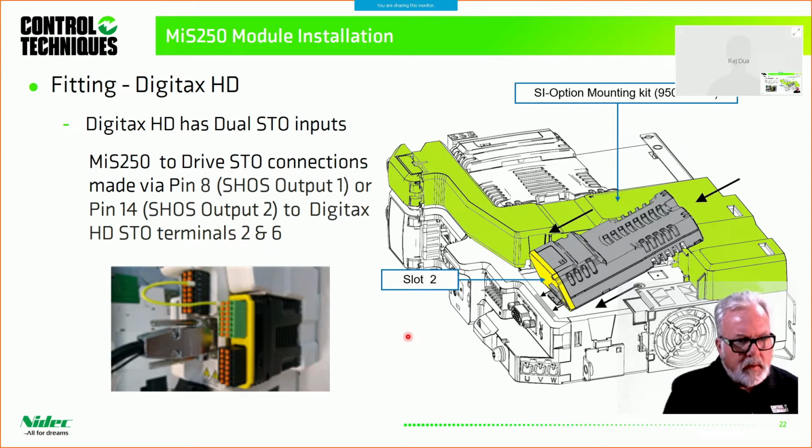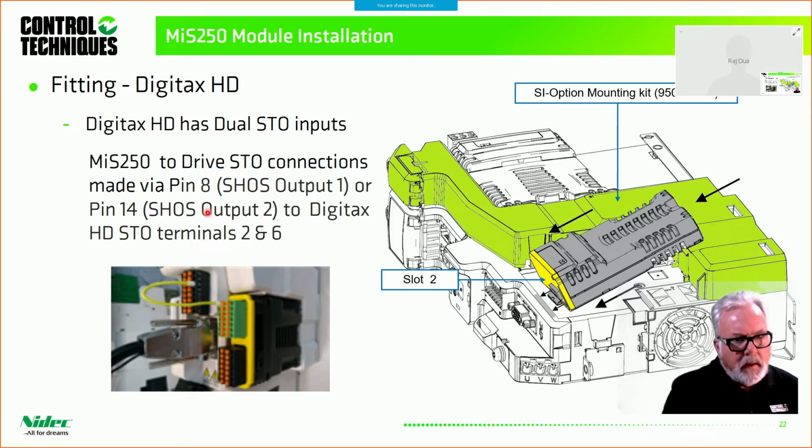So very important. Now this wire can connect to either of two different spots. We're going to learn there are two, and here's another acronym right here, SHOS. That is a safe output. So SHOS designates one of the two safe outputs on the MIS module.